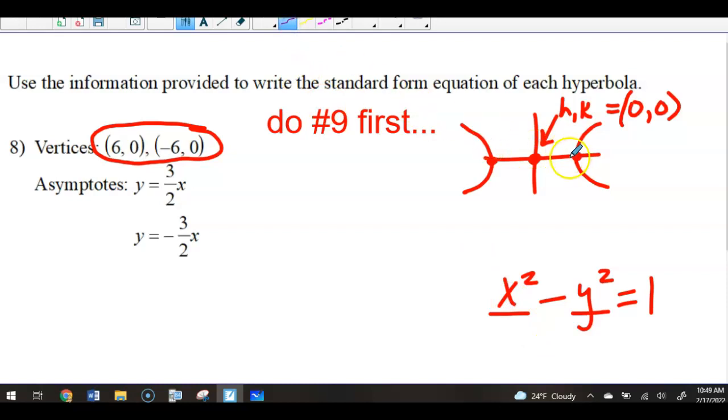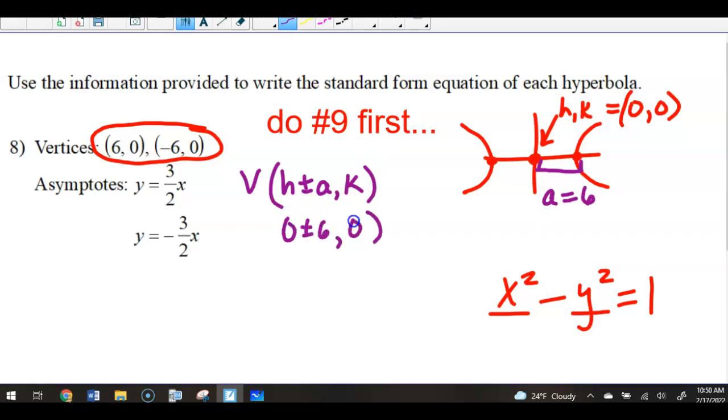And I don't know that I put this on the quiz, but this distance, a, is 6. Okay? We know that. I can also remind you that it's h plus or minus a, comma, k to find the vertices. And since this is 0 and this was 6, we know a is 6, okay?